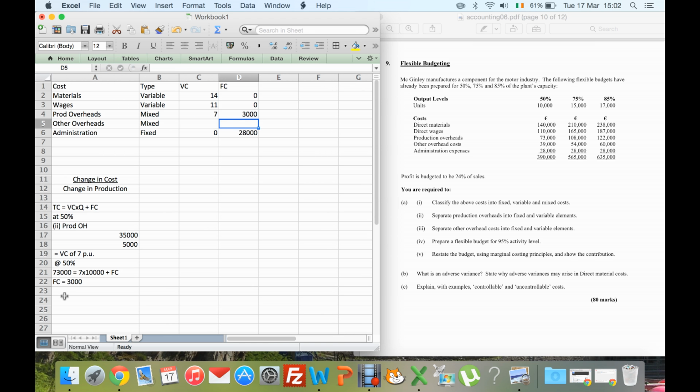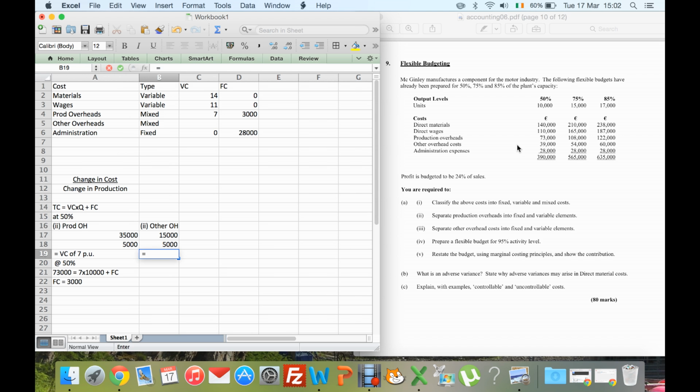So I'll do the same for number 2, over here, and this is other overheads. So what happens to other overheads? From 39 to 54, that's 15. So we'll have 15,000 over the increase of 5,000.